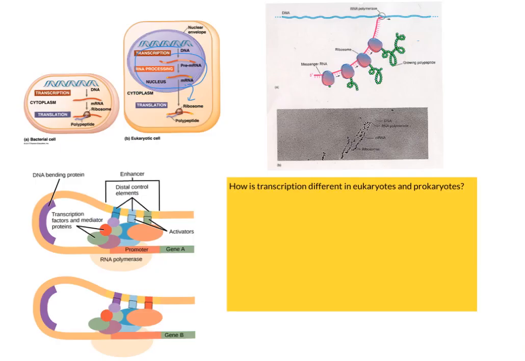Okay, so let's talk about the last objective of this lesson. I want to talk a little bit more in depth about how transcription looks similar and different in prokaryotes and eukaryotes.